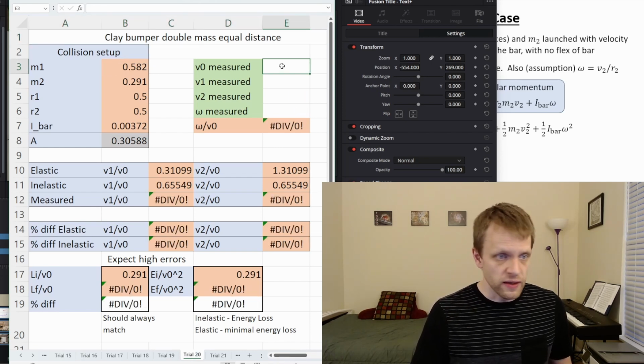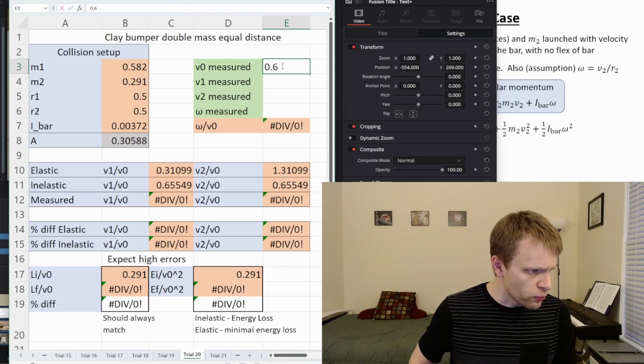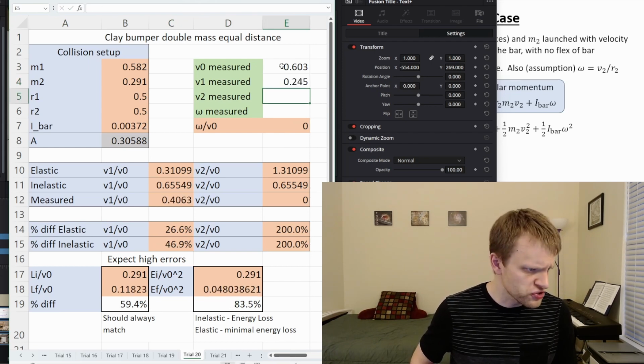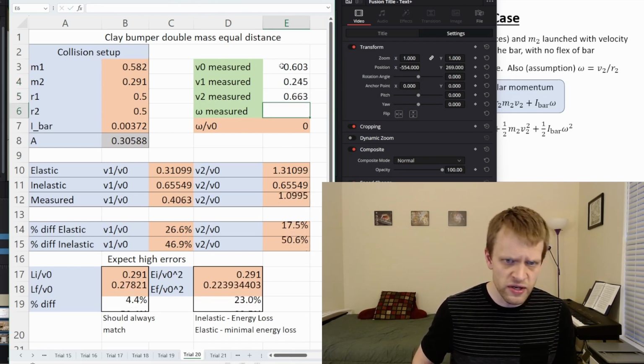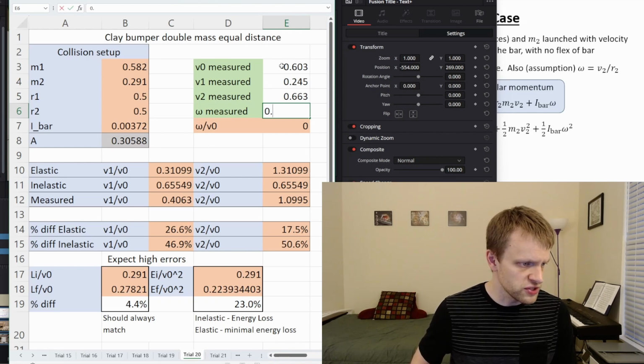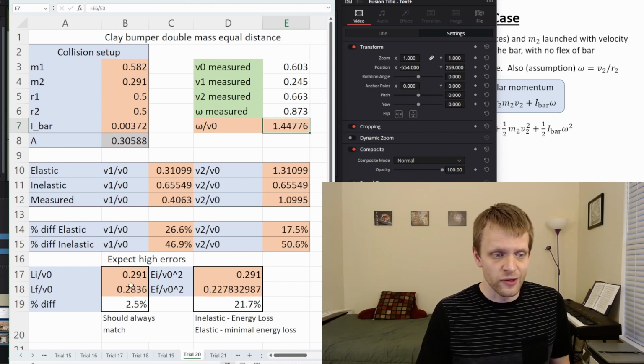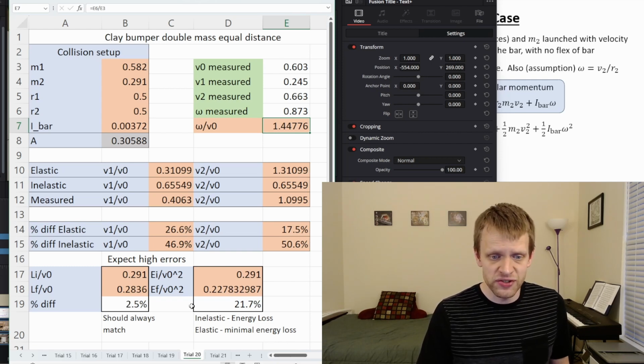Trial 20. Initial velocity before the collision, 0.603 meters per second. Cart 1 after is 0.245 meters per second. Cart 2 after is 0.663. And the angular velocity, again, is around 0.873. Once again, close match with the angular momenta.